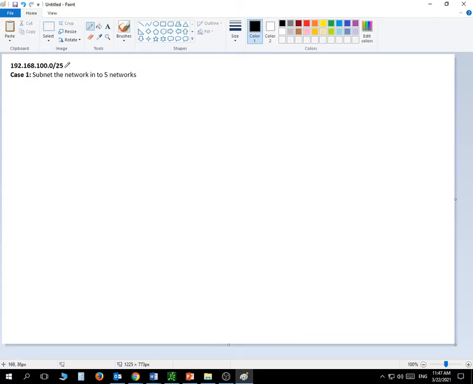Since this is 25, I know for sure the subnet mask is going to be 255.255.255 dot something. This something here, I'm going to put it in binary. So since this is 25, I know I got 4 multiplied by 8 here for this 8 and this 8 and this 8 in binary, that each one of them will give me 255 in decimal.